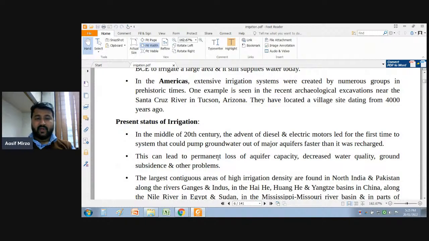In the middle of the 20th century, the advent of diesel and electric motors led for the first time to systems that could pump groundwater out of major aquifers faster than it was recharged. This can lead to permanent loss of aquifer capacity, decreased water quality, ground subsidence, and other problems.